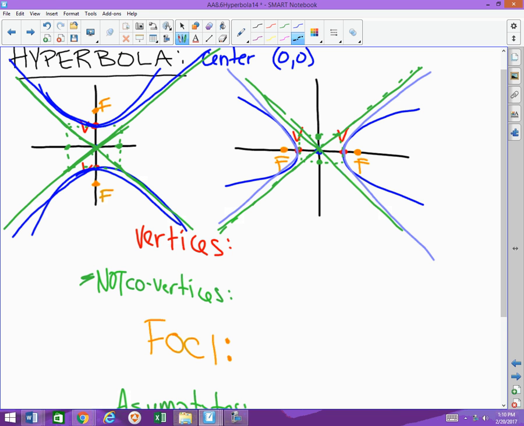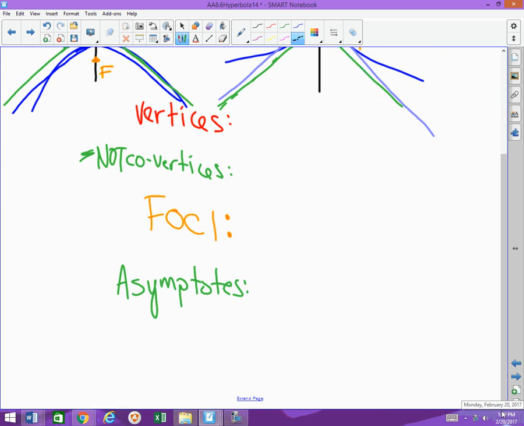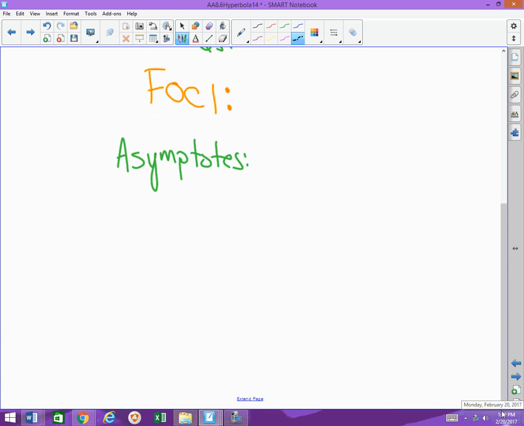Okay, well, now we have to figure out what the equation looks like. Well, there are two of them. One of the equations is x squared over a squared minus y squared over b squared equals 1.